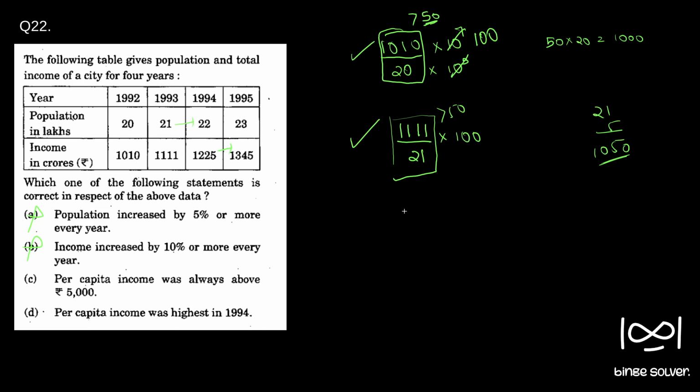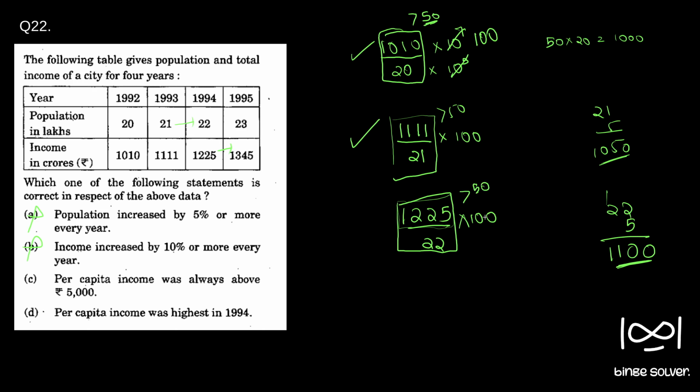Next we will check for the next one, 1225 by 22 into 100. This has to be greater than 50, so we will just check 22 into 50, which is 1100. 1225 is a higher value, greater than 1100, so this whole thing will be greater than 50, and we can say that this whole answer will be greater than 5000.